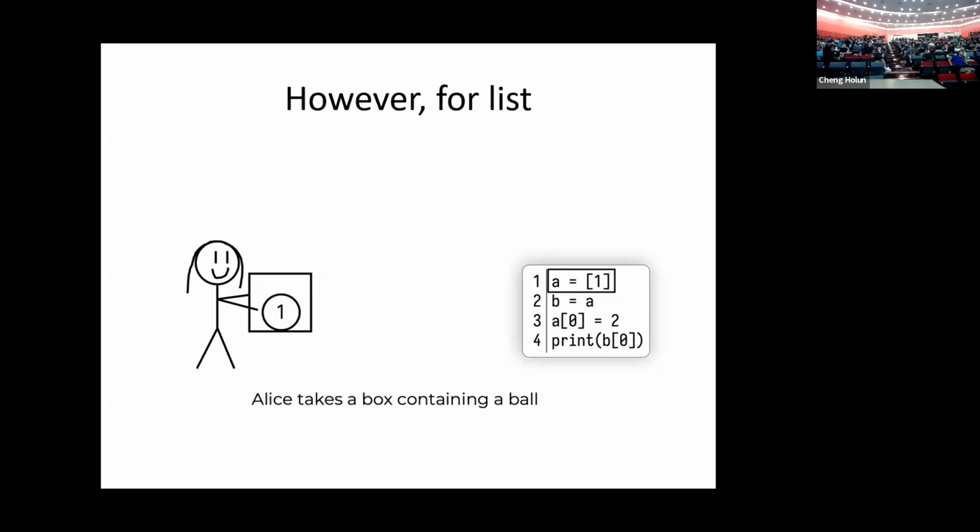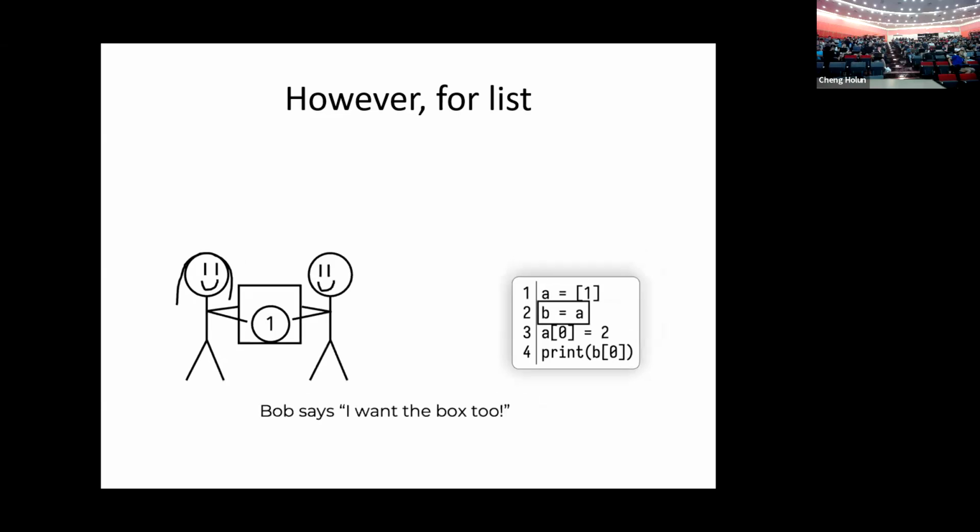What do you mean by B equal to A? B equal to A means Alex and Bob only have 1 box of things. That is different from the primitive data type. Do you understand? I won't duplicate the box of 1 for both of them. Both of them are referring to the same box of 1. It's called aliasing. They're sharing the box of 1.